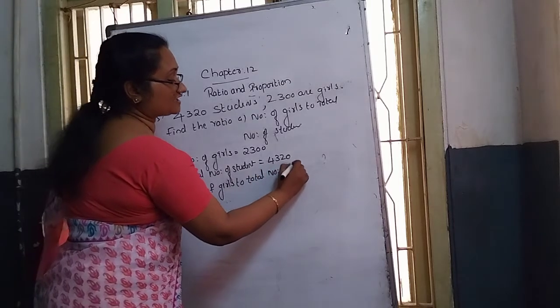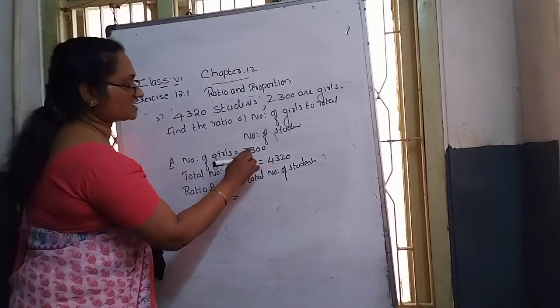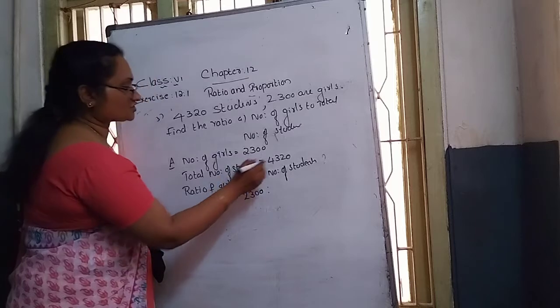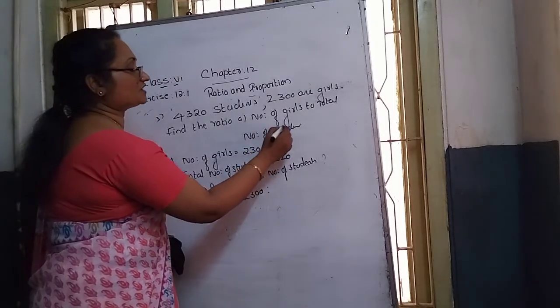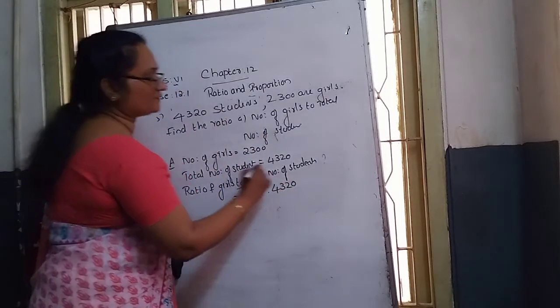So write in the order they mentioned. First they mention girls, the girls number is 2,300. Ratio means we put the ratio sign in between. Total number of students in that college is 4,320.